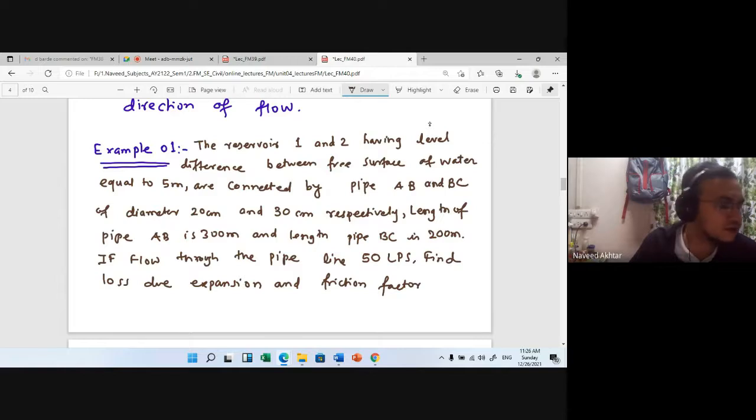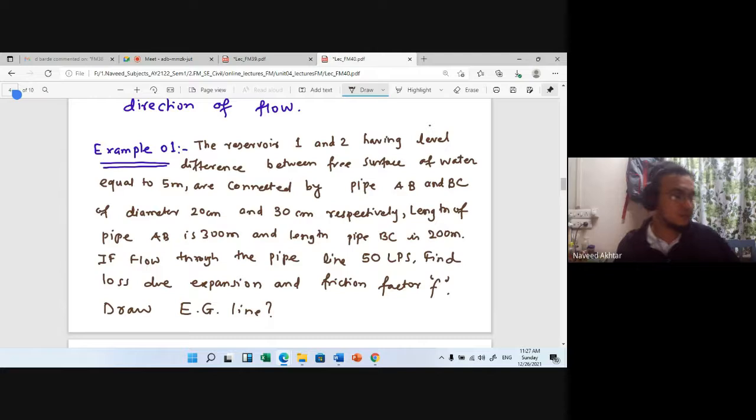Friction factor we generally denote by f. Okay, and draw the total energy line or energy gradient line.